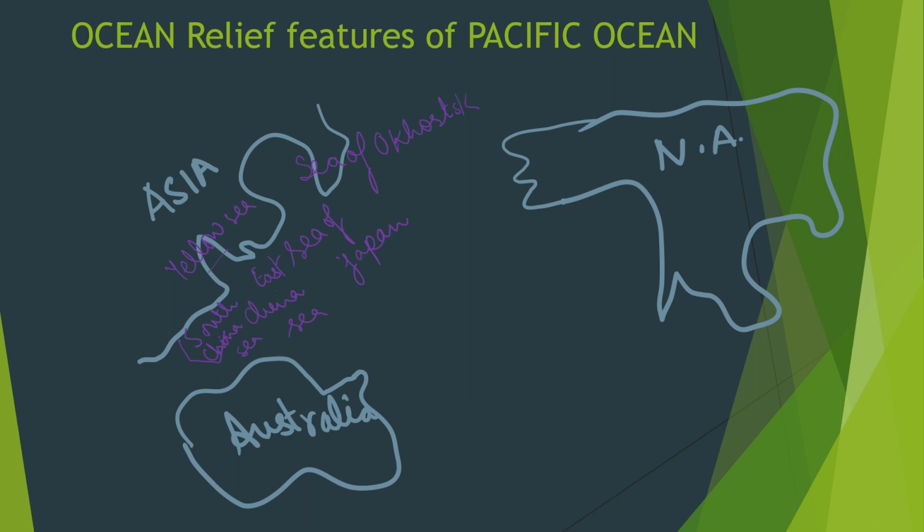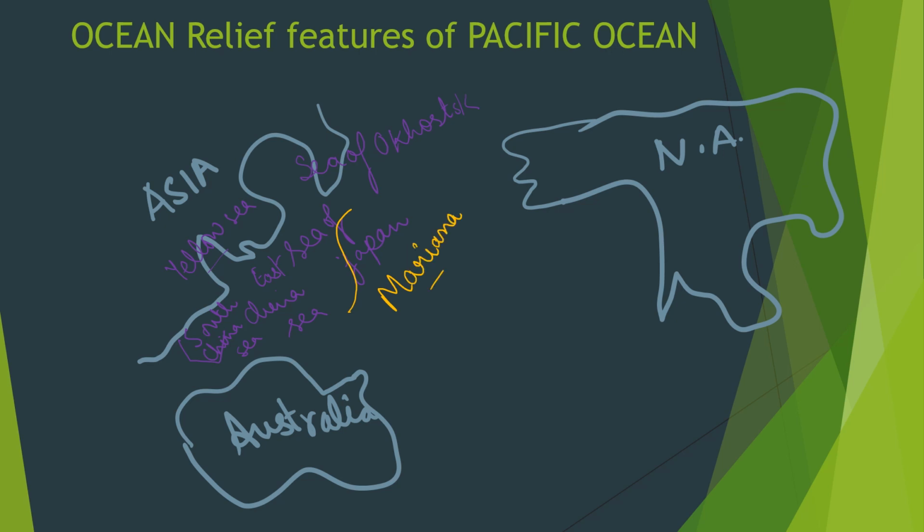And if we are going to see the trenches present in this region, there are various trenches present here, as we are aware. A very famous trench, the Mariana Trench, is present in this region. This is the Mariana Trench.